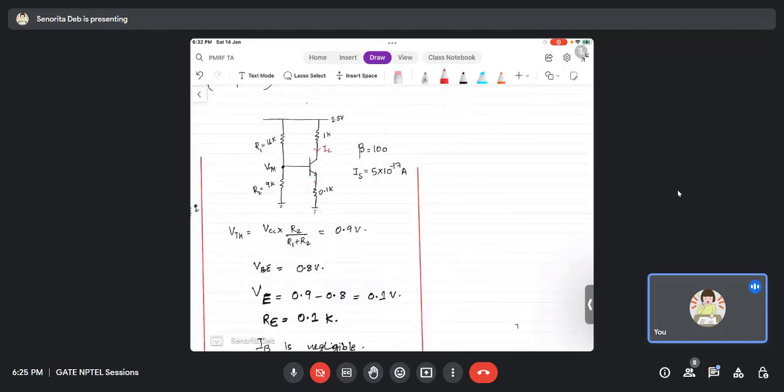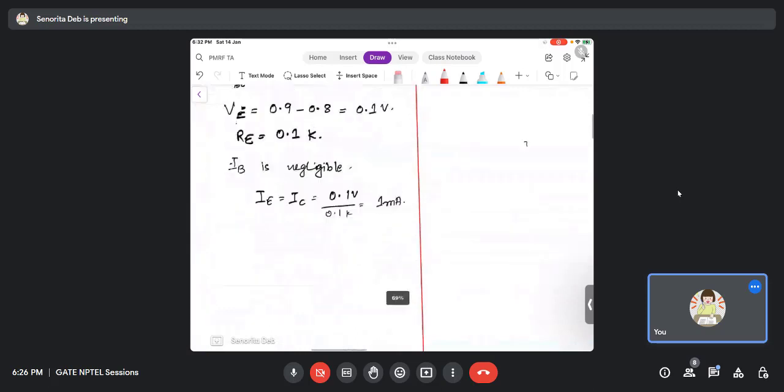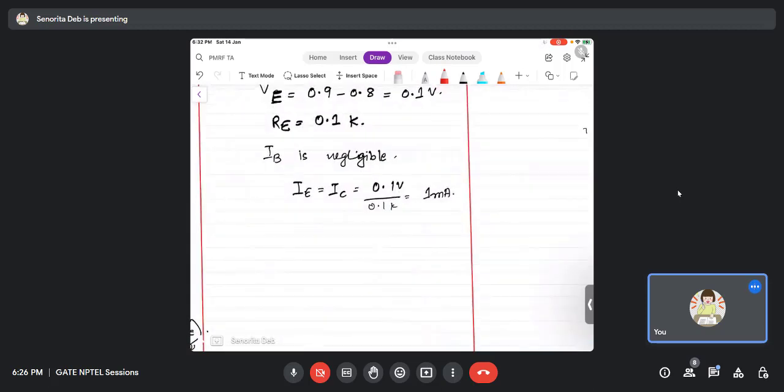IC equals to IE because IB is 0. So IE equals to IC is 1 milliampere. Again the same thing, IB is negligible with respect to the main current. So since it is negligible with respect to the main current, I can take it to be 0.